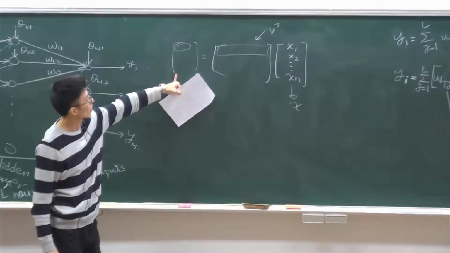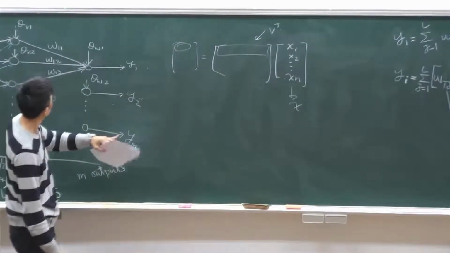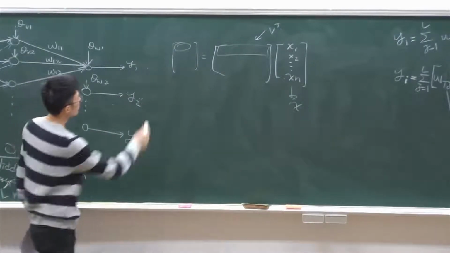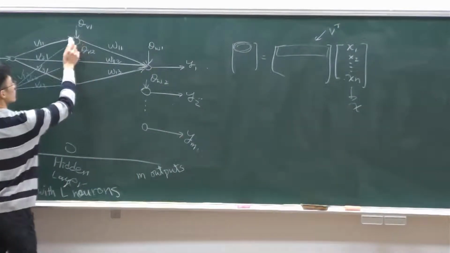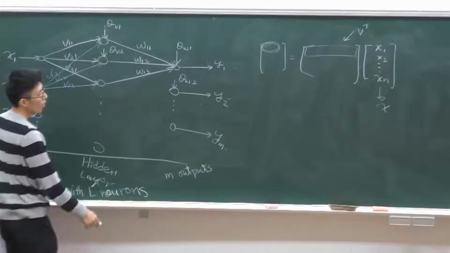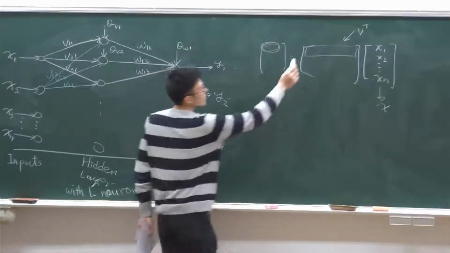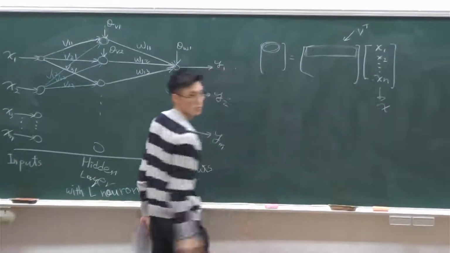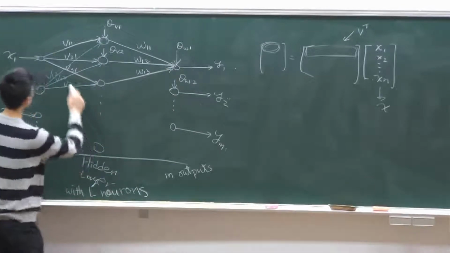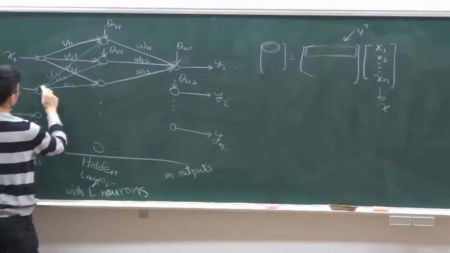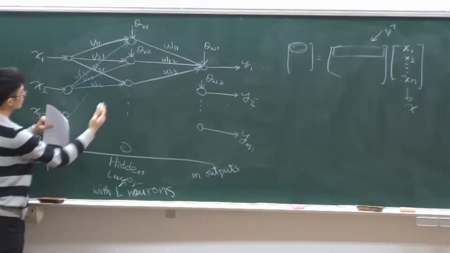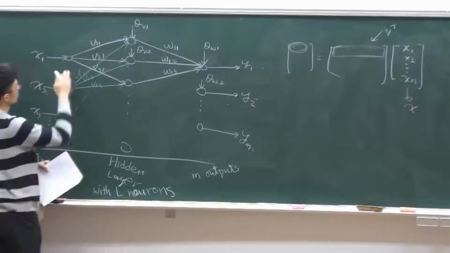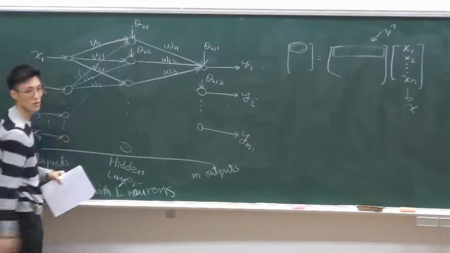So you can observe this value is the input to the first neuron. What should these values be? They should be the weightings of this one, this one, this one, all the weightings between these two layers, mapping from the input to the first neuron.